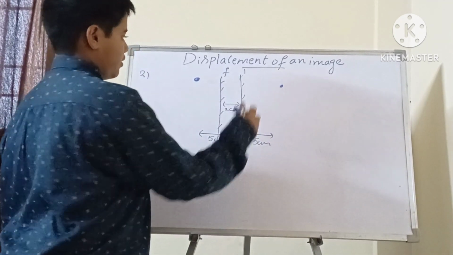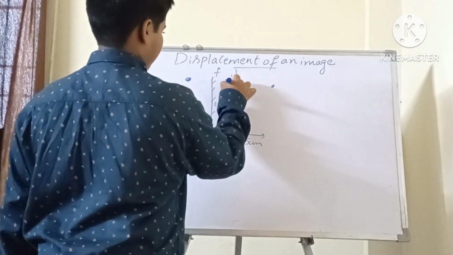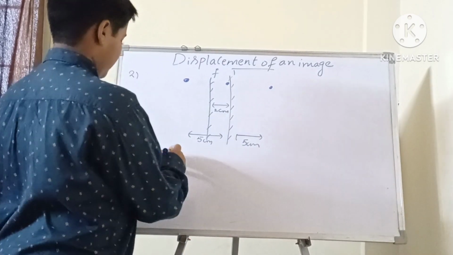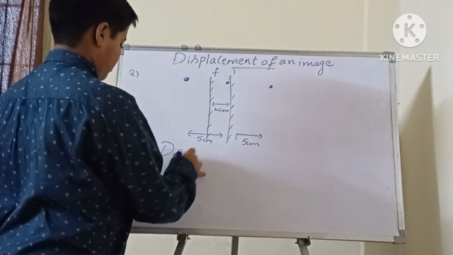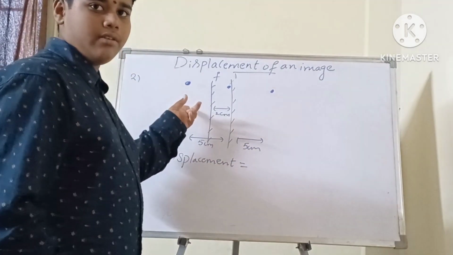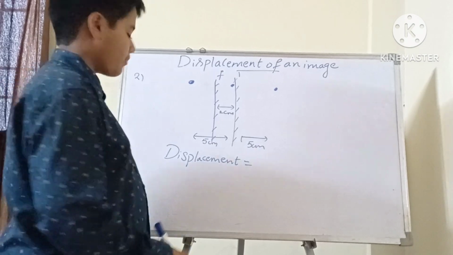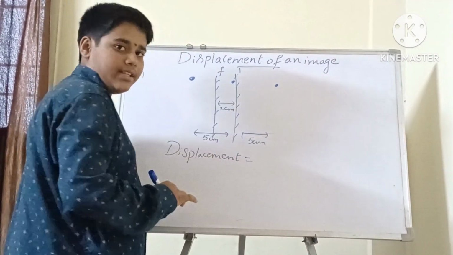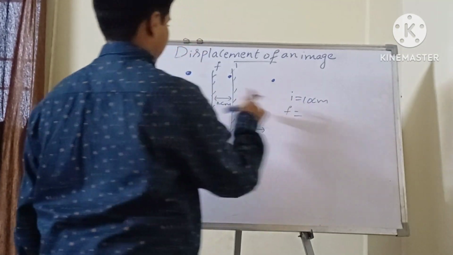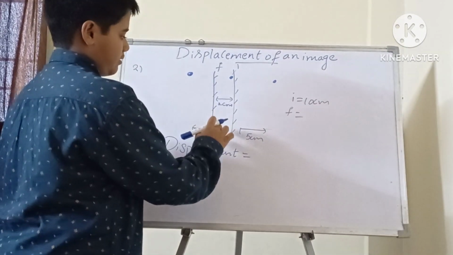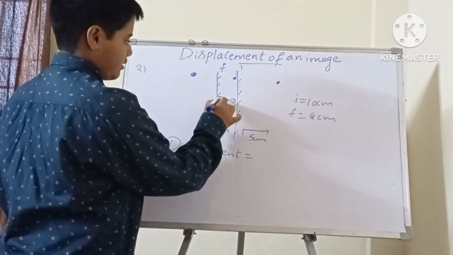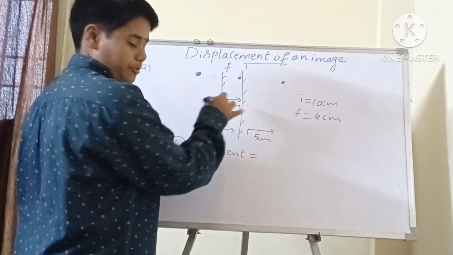So the image will form like this behind the mirror. In this displacement, we have to find the displacement of the image. Initially it is 10 centimeters, and finally 3 plus 3, 6, because here 2 centimeters is the displacement, so 5 minus 2 is 3.